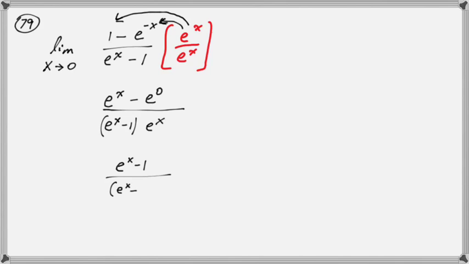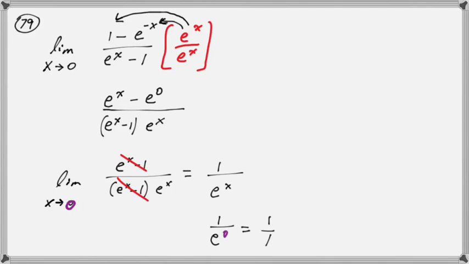Could that now cancel with the e to the x minus 1 in the denominator? So we have the limit as x approaches 0. Those will cancel. So I have 1 over e to the x, 1 over e to the, what is x approaching? 0. So you end up with 1 over 1, or an answer of 1.